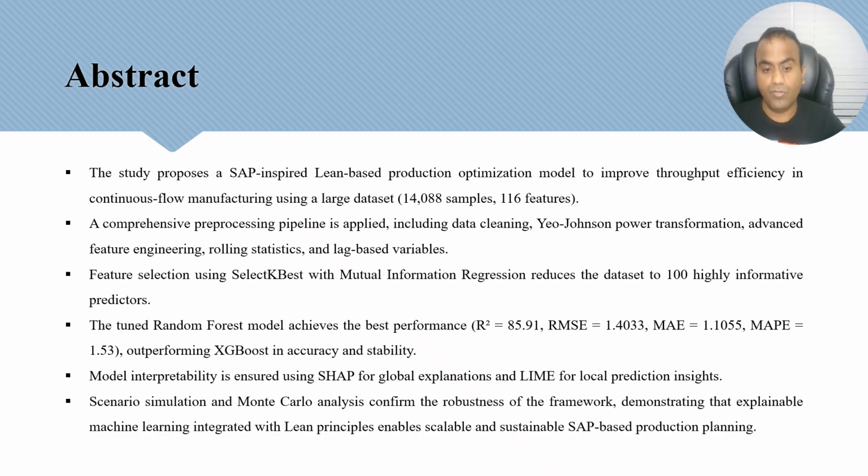Interpretability is ensured using SHAP or LIME explanations, and then we have a Monte Carlo analysis to confirm the framework or reduce the risk of the planning, for SAP-based production planning.